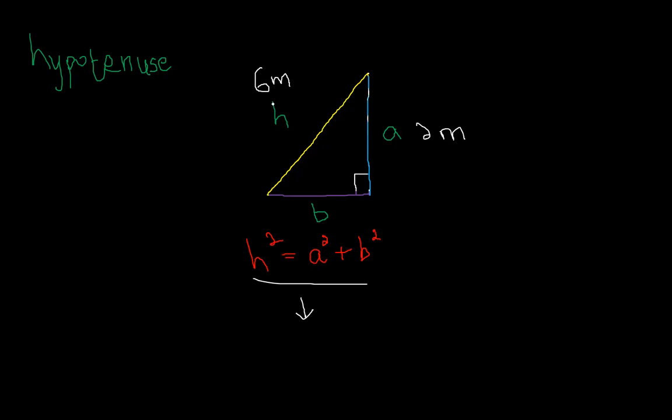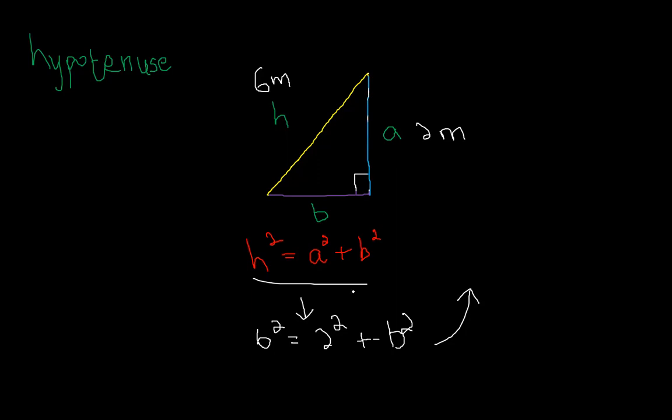So they told me H is 6, so I put 6 squared is equal to A. They told me A is 2 meters, so I put 2 squared, plus B squared. What we're trying to find is the length of B. So all we have to do is transpose.